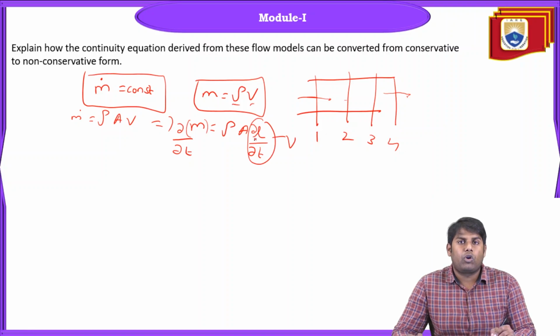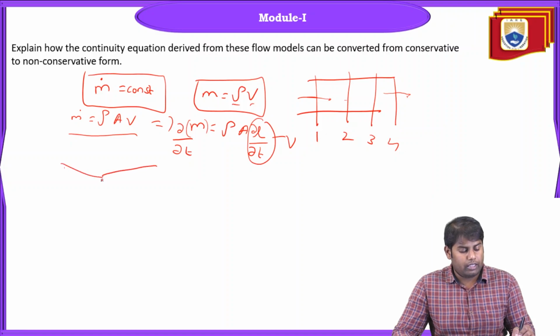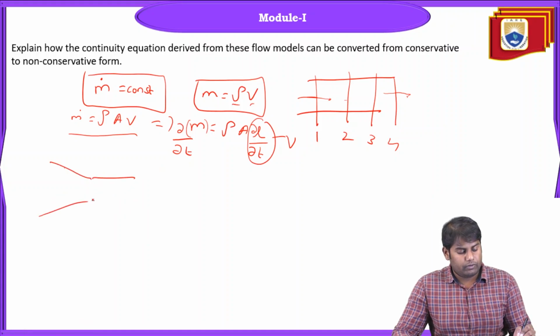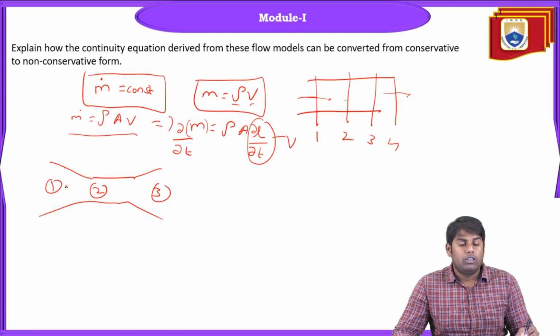Therefore, this will be rho A V. Now let's say you have sections 1, 2, 3. m dot at 1 should be equal to m dot at 2, which should be equal to m dot at 3.